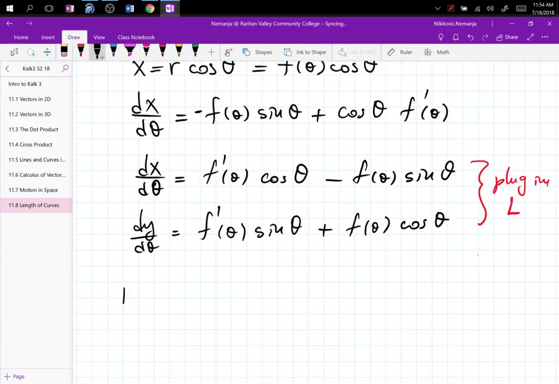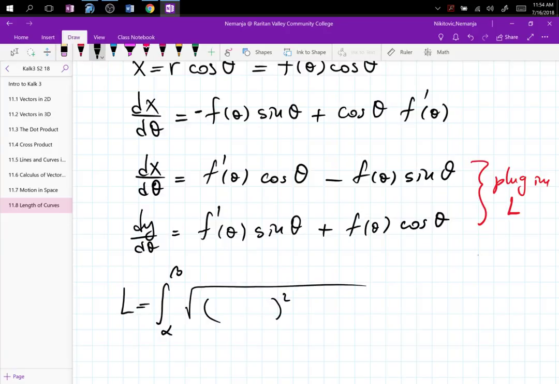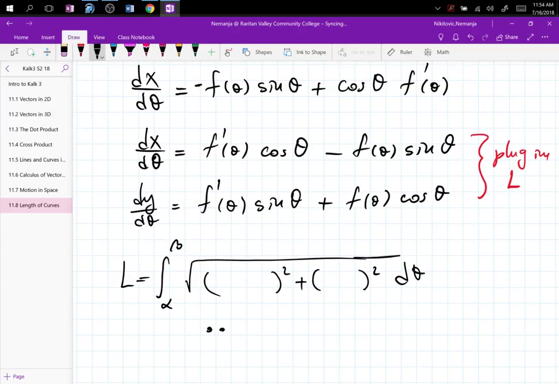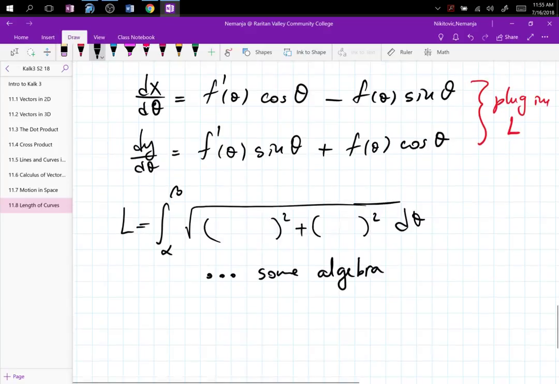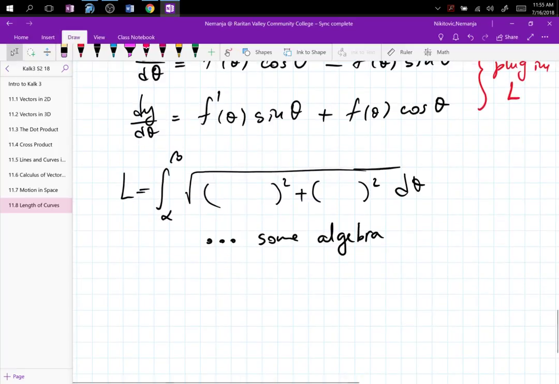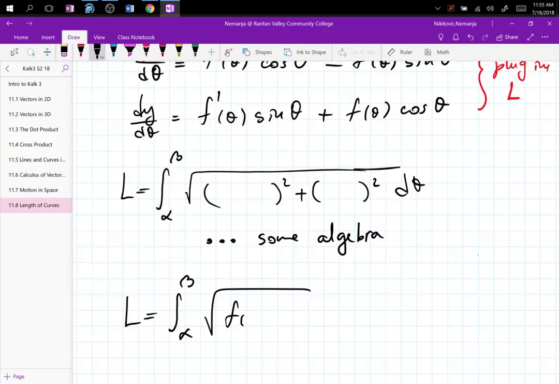So now we have L is equal to the integral from alpha to beta, and now we have a square root of the big one squared plus the other one squared d theta. Three dots, some algebra. Now you have to square, and then when you square, the stuff will simplify to get to the integral from alpha to beta of the square root of f of theta squared plus f prime of theta squared, d theta.